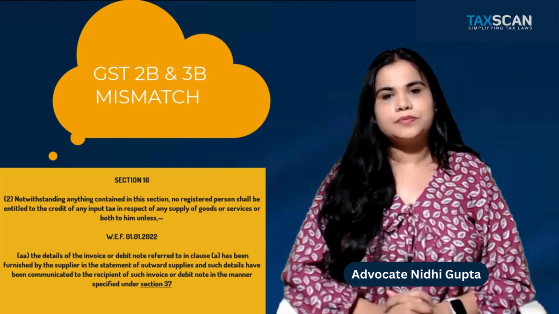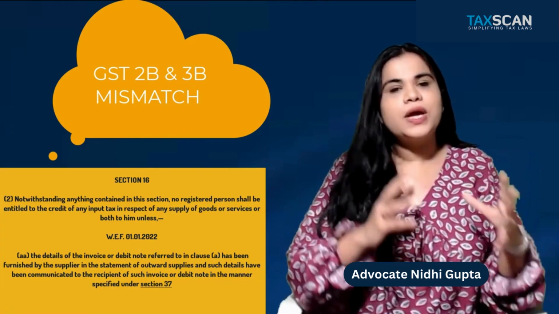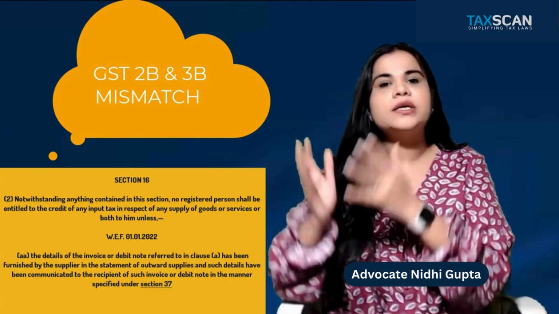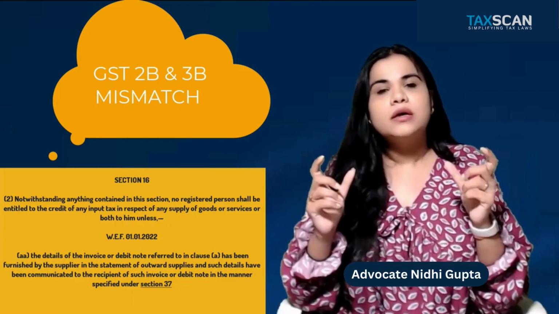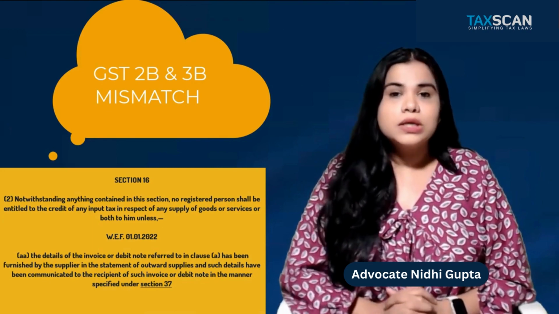Now the important question is, what if any recipient avails credit more than what is getting reflected in his GSTR 2B? That is, what if there is GSTR 2B 3B mismatch for any recipient? What the department can do?